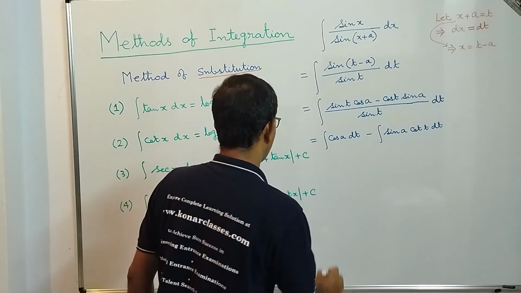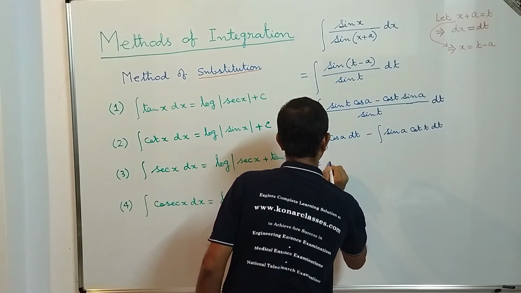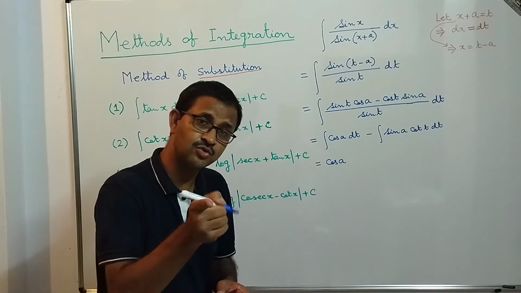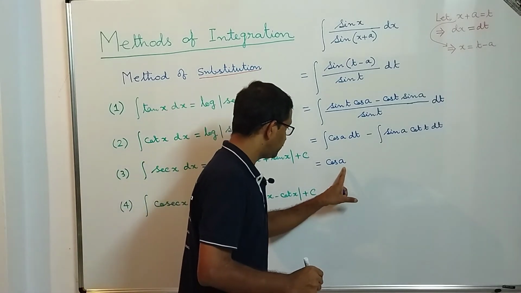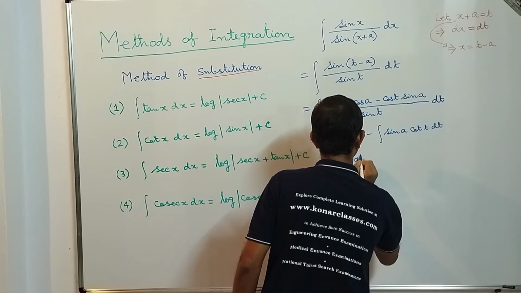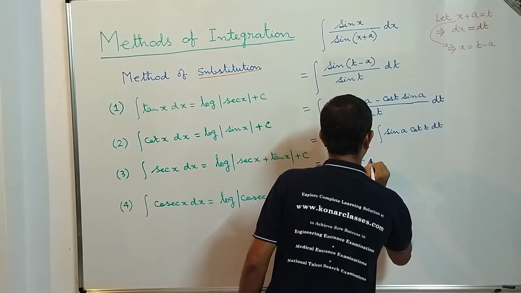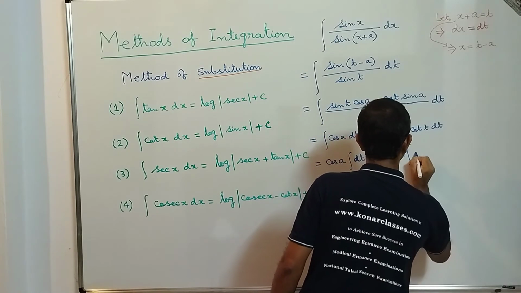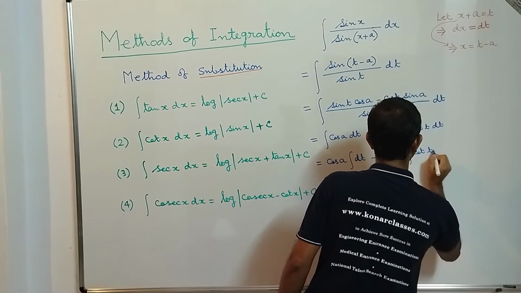Dear students, cos a is a constant, since a is constant, so we took cos a outside of the integration. So cos a into integration dt minus sin a, which is also constant, into integration cot t dt.